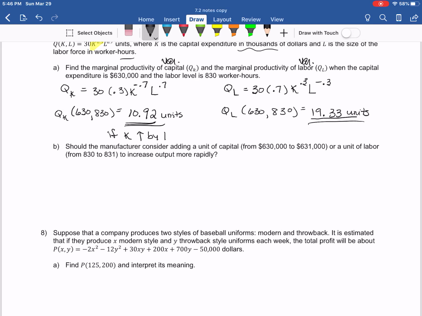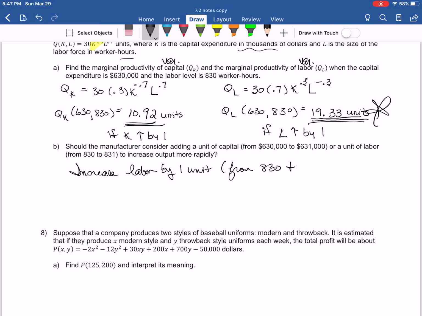Over here, you're told that if L goes up by 1 unit, then the increase in productivity is 19.33 units. So you get a bigger bang for your buck over here when we increase L because 19.3 is bigger than 10.9. So for that reason, we would like to increase labor by 1 unit. So it's going to go from 830 worker hours to 831.